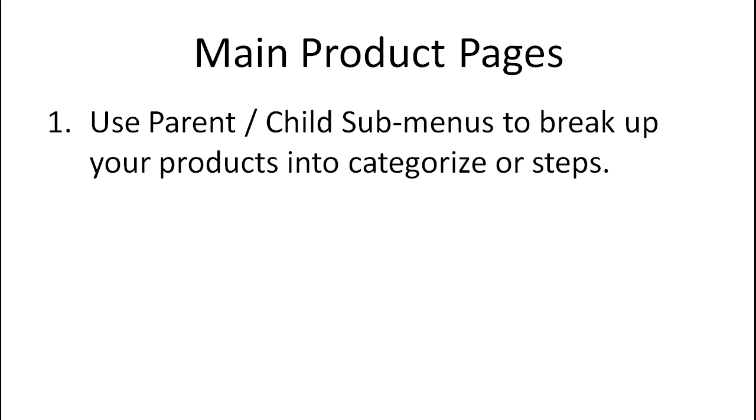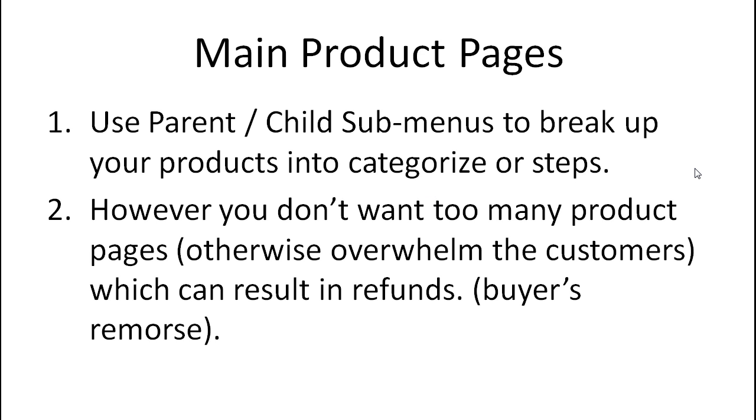A lot of problems arise when you just dump all your products into one page. What that does is it actually overwhelms the customer. And if they come back later, they start getting buyer's remorse and they begin to think, oh, I just don't have time to do this. So break it up into parts and steps, but don't do too many parts or steps, otherwise it can have the same effect.